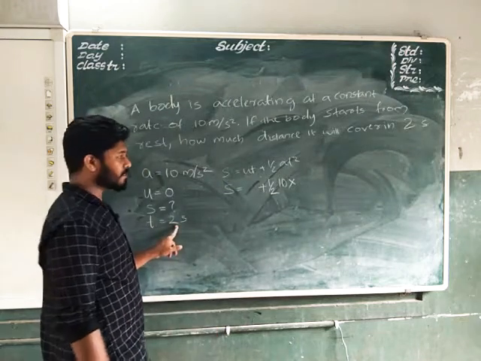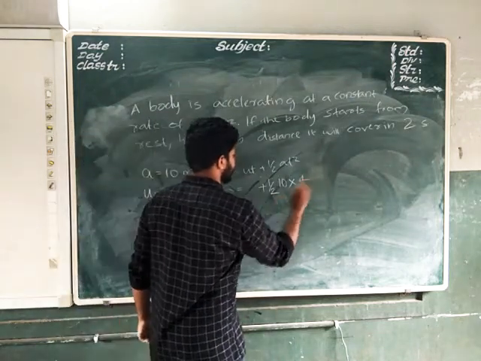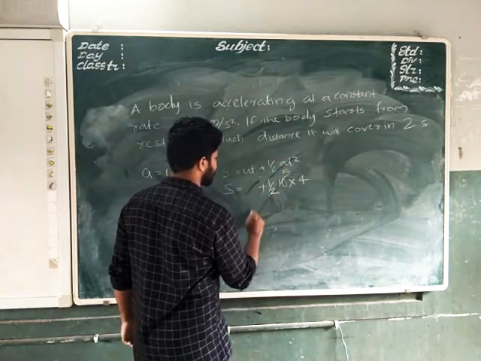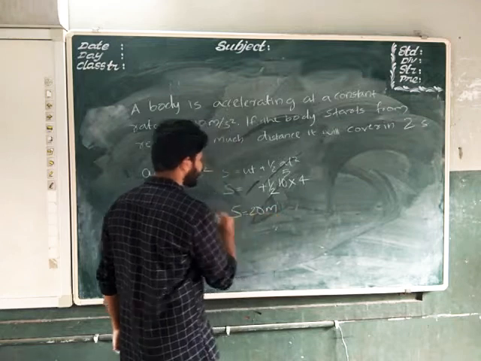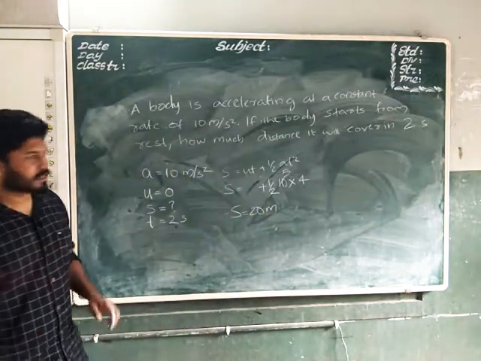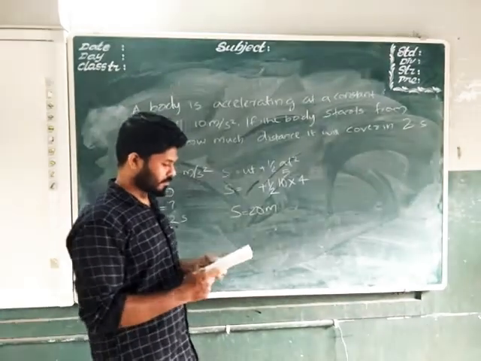T is 2, t square means 4. Let us cancel this 5. 5 into 4, 20 meter. S equal to 20 meter is the answer. Okay, right. Let's move to the next question.